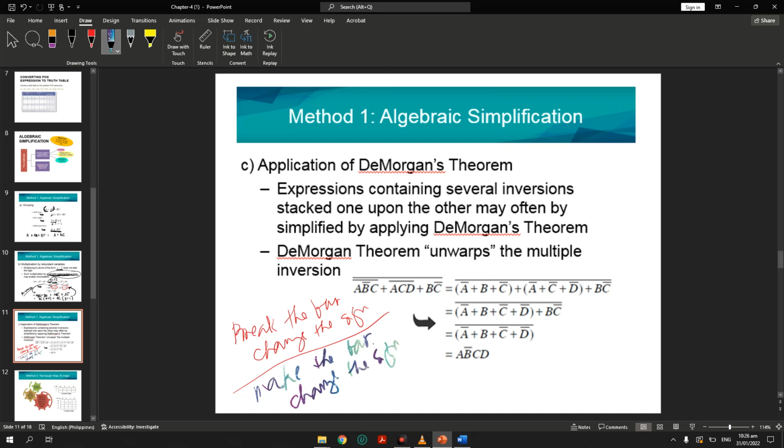So this is the rule that is followed in De Morgan's theorem. You break the bar, you change the sign, or if you want to make a bar, you also have to change the sign. So let us apply this rule in this example.